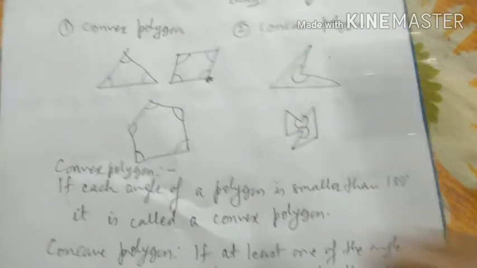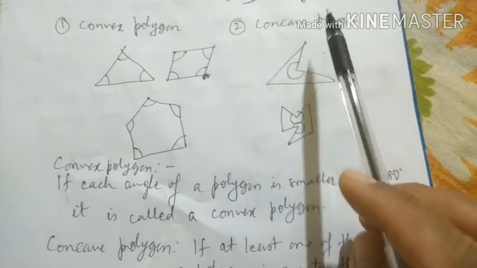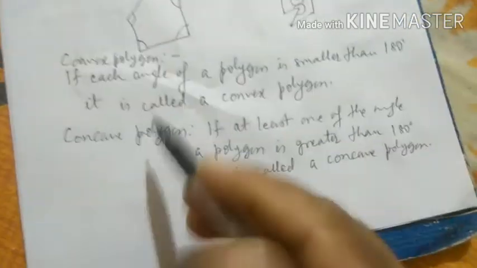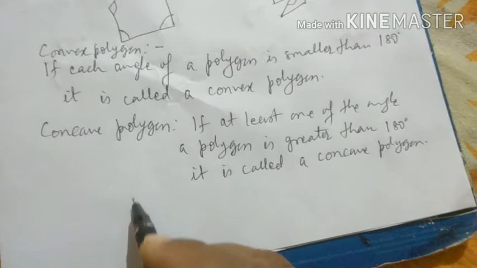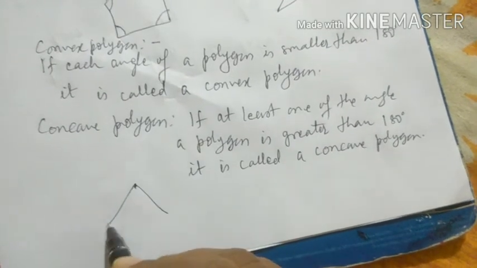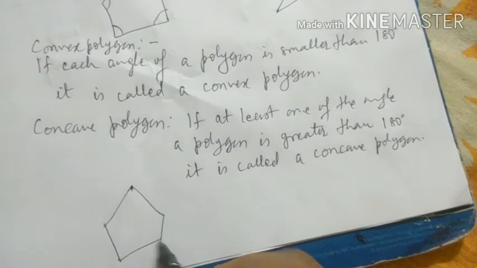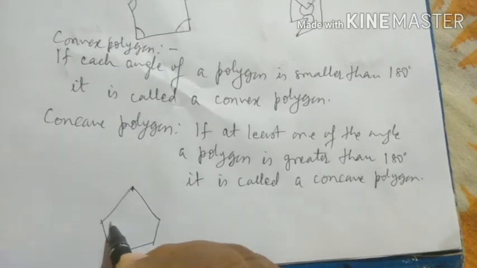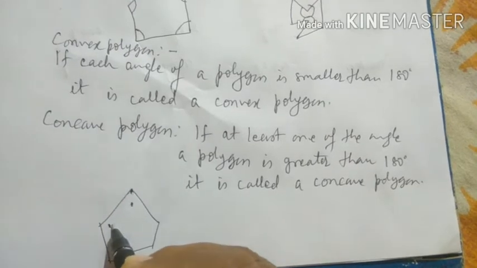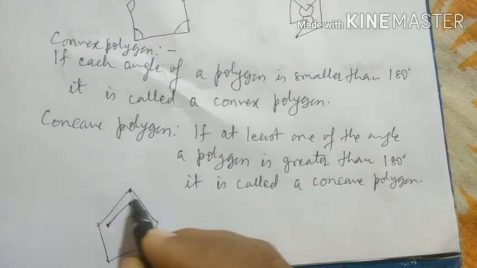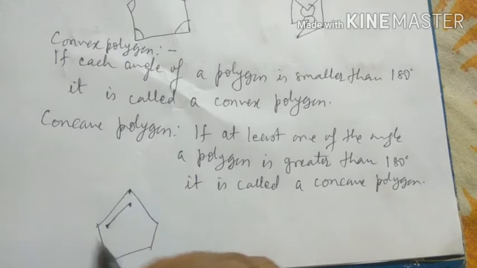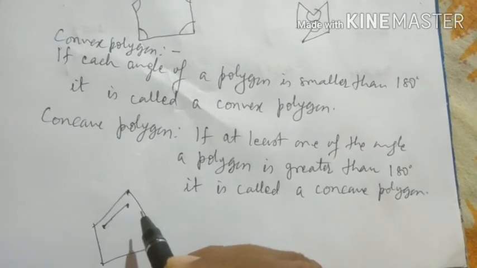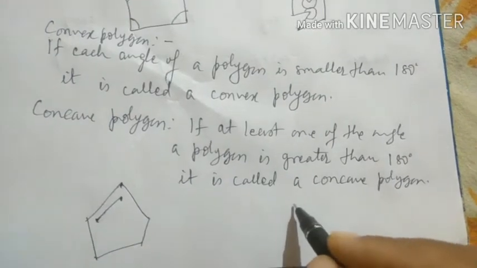So we have discussed what a convex polygon is and what a concave polygon is. There is another definition also. In a convex polygon, if you take any two points inside the polygon and join them, the line segment joining any two points always lies inside the polygon. See this figure.